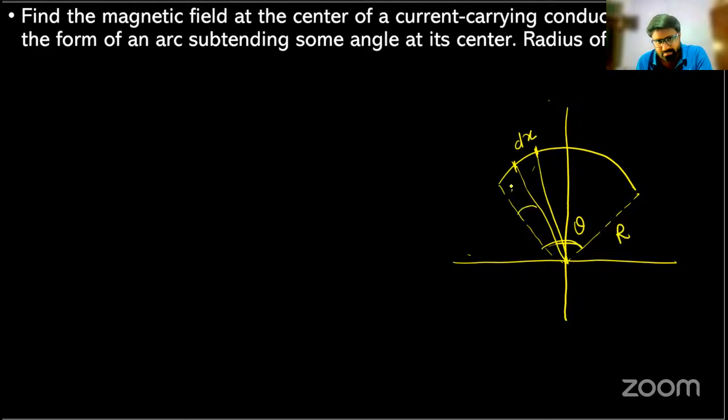Let's say phi. So at phi angle from this end we consider a current element, and the angle that the current element subtends is d phi, a very small angle because it is a very small current element. So d phi is the angle of this small arc of dx length.